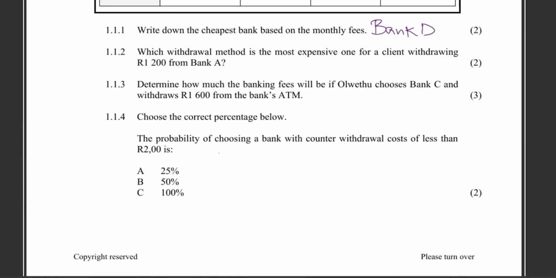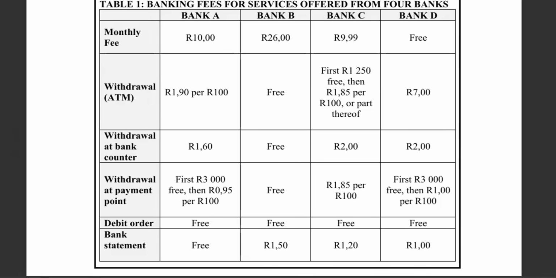Which withdrawal method is the most expensive one for a client withdrawing 1,200 from Bank A? Bank A is this one here. Which one will be expensive? This one, you start paying after 30,000. Remember, we're looking at withdrawals.